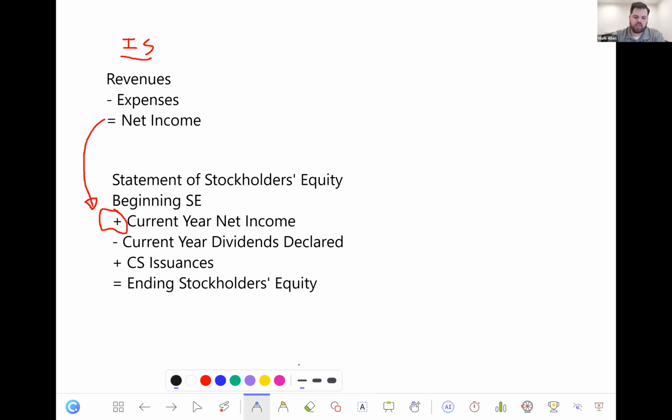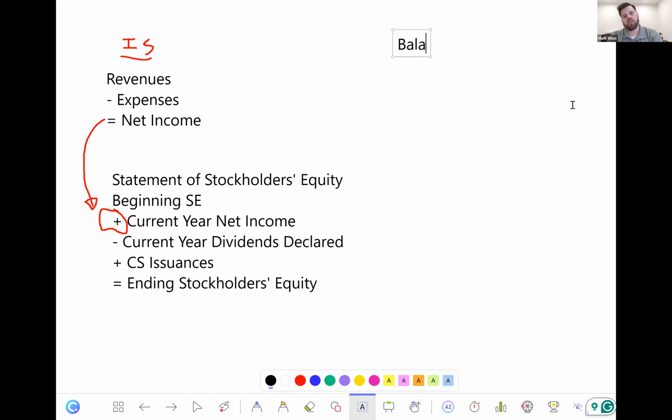Our next financial statement that we want to deal with is the balance sheet. And the balance sheet has a couple of pieces to it. If we start very generally, we have assets equals liabilities plus stockholders' equity. That's the fundamental accounting equation that we covered probably on the very first day of class. But at its most basic level, it is the balance sheet.